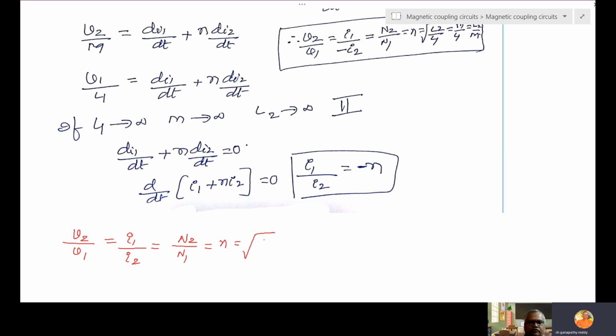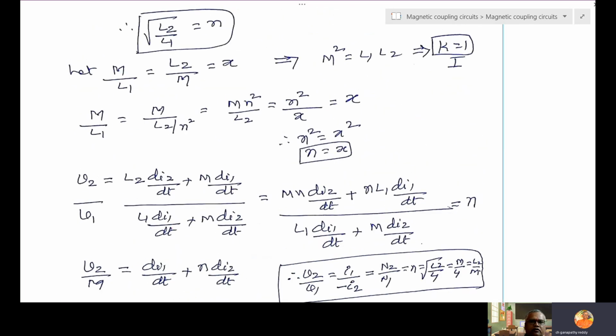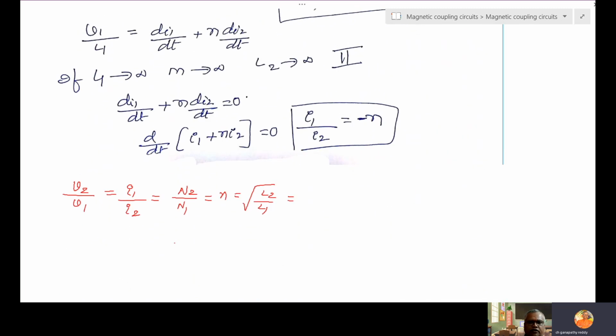This is also equal to root L2 by L1, and this is also equal to M by L1 or L2 by M. This derivation we want to prove.